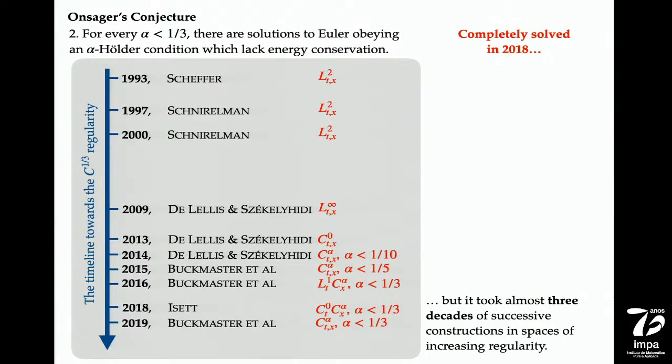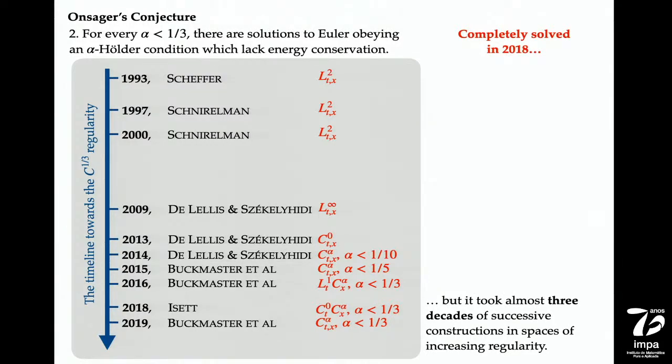The proofs essentially construct by hand solutions of the Euler equations which are dissipative, or non-conservative. Because of technical issues, they perform this in different spaces, and we can see that, in some sense, the regularity is increasing.